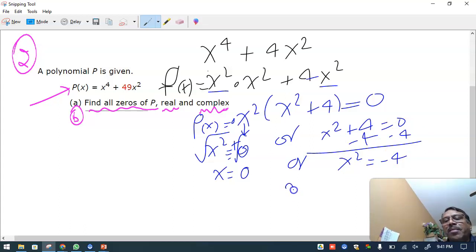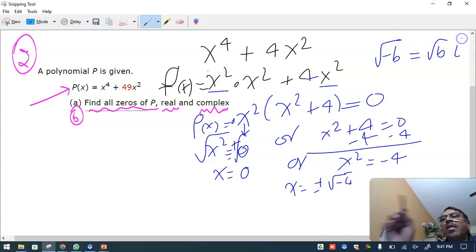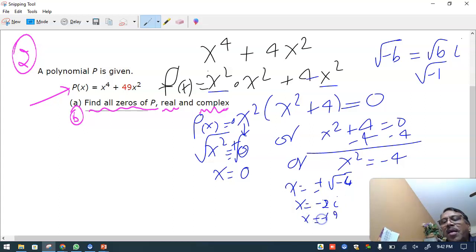Therefore, put a square root, that means x is plus or minus the square root of negative 4. Remember the trick: if b is positive, the square root of negative b is the same as the square root of b times i, where i is the imaginary unit. So this will be two values, with the square root of 4 being 2, since 2 times 2 is 4. So you write x equals plus or minus 2i.